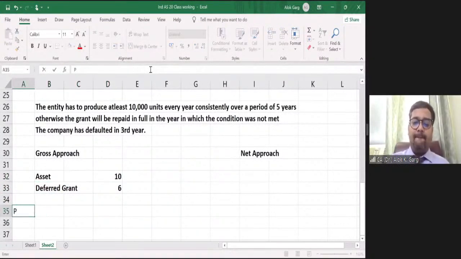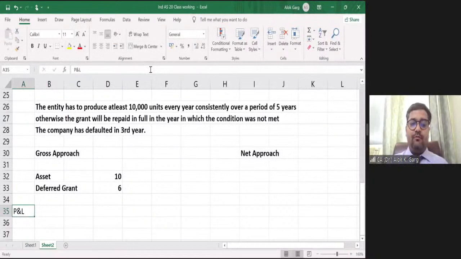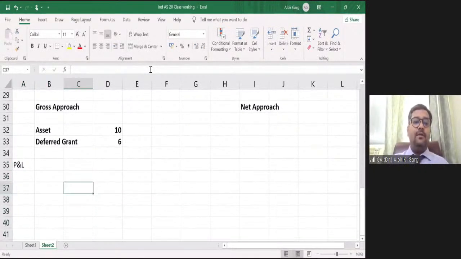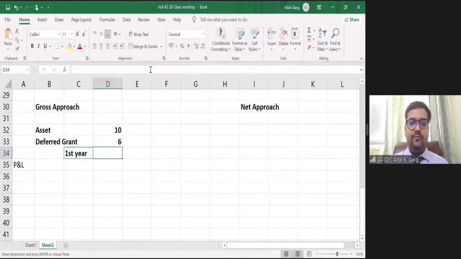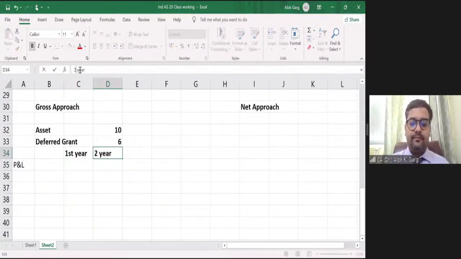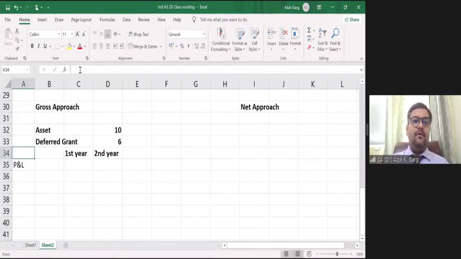Now in P&L, for the first year, what is the P&L impact? We need to see the first year and second year.